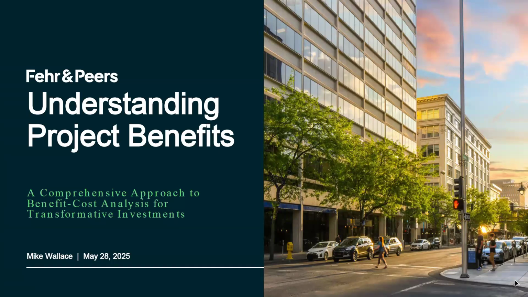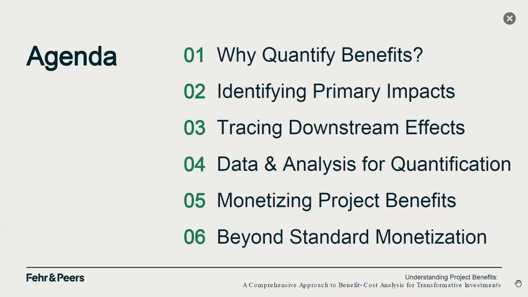So if we go to the next slide, I'll just kind of cover the agenda. We're going to talk about why, besides that it's required for a grant, why should we quantify the benefits? To get funding, make sure we're spending our money wisely, but what other things can it be used for? And then we'll discuss a little bit on the methods. Hannah talked about how to quantify in CalBC, but there are things that need to occur before then, referring to some of the prior sessions that you can either go back and watch the videos or you attended.